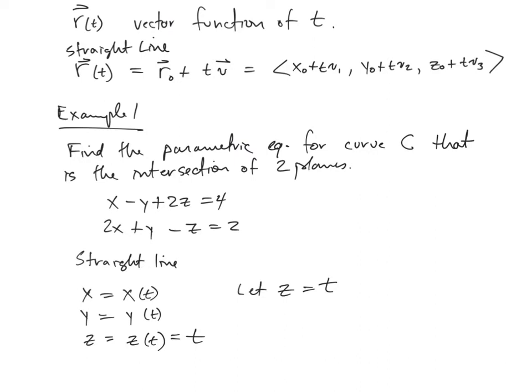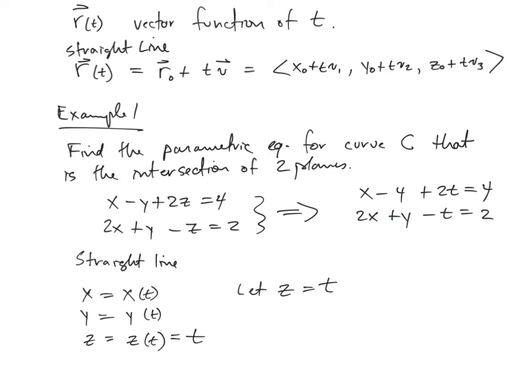Okay, well then what do my plane equations become? They become x minus y plus 2t is equal to 4, and 2x plus y minus t is equal to 2. Now I've got two equations and two unknowns, x and y.